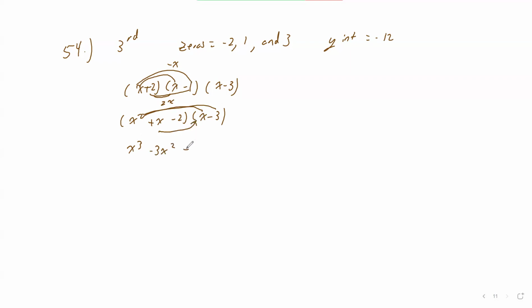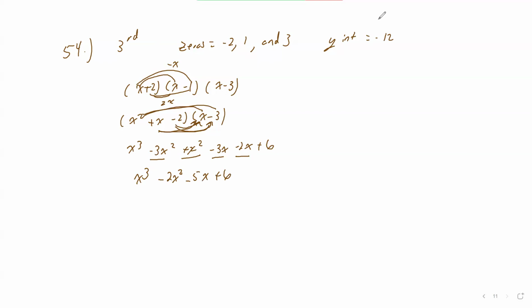X times x is positive x squared. X times -3 is -3x. -2 times x is -2x. And -2 times -3 is positive 6. Combine like terms. So this is -3x squared plus x squared gives you -2x squared. -3x minus 2x is minus 5x plus 6.